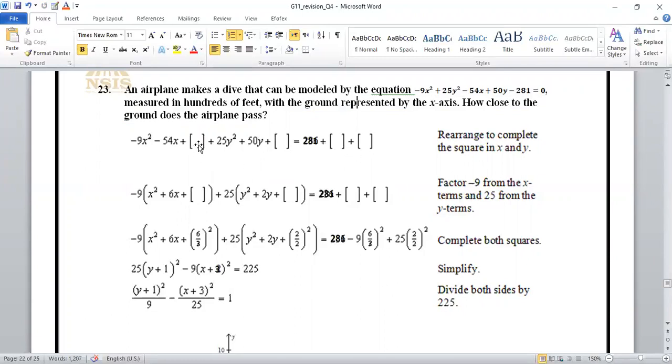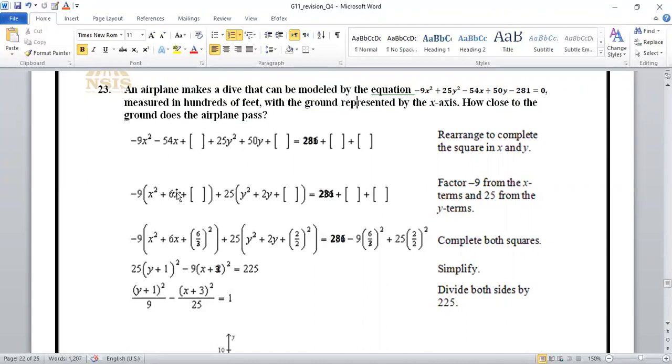The constant we put on this side, we must put the same on the other side. Okay. Take negative 9 as a factor from the x terms and 25 from the y terms. Open bracket x² + 6x plus a constant, plus 25(y² + 2y plus another constant) equals 281 plus 2 constants.